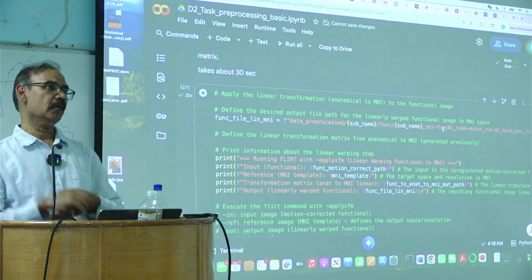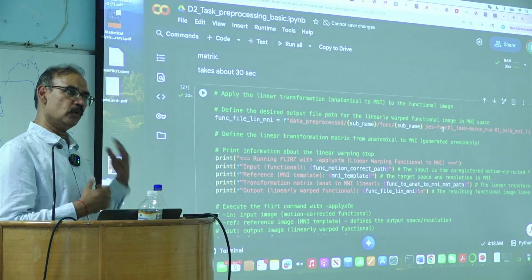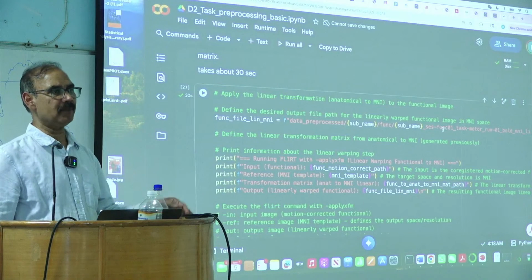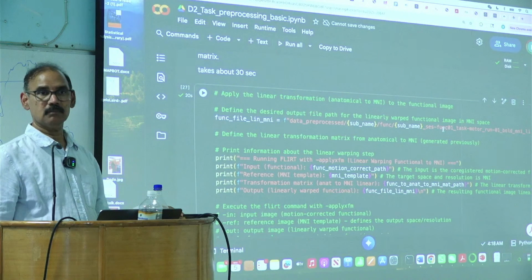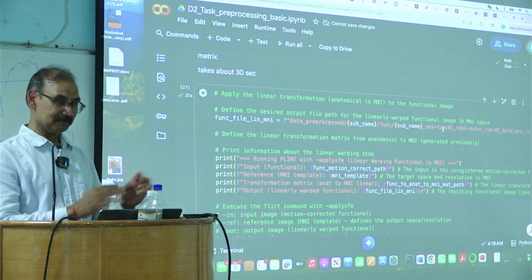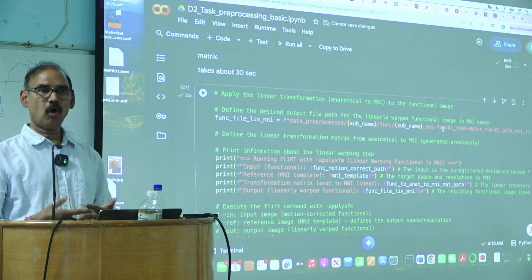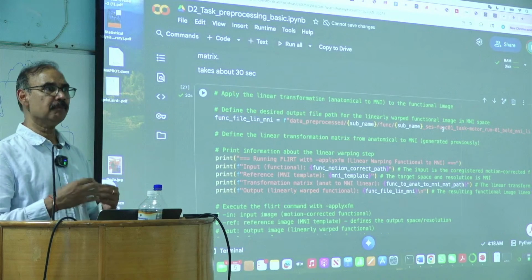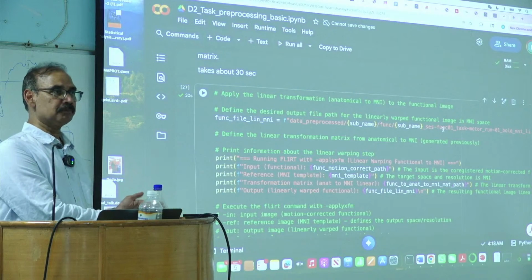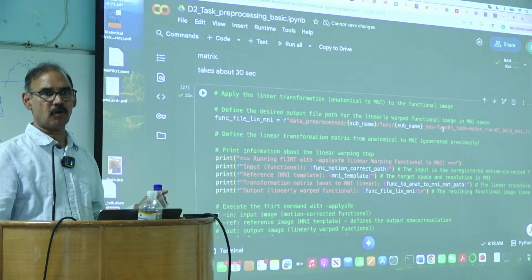Why don't we take the functional data and then use a linear transformation on the MNI template? Very good. Excellent. Because the anatomical details are less, also the matrix dimensions are different. And because anatomical and functional have been already registered, so we simply transform it.